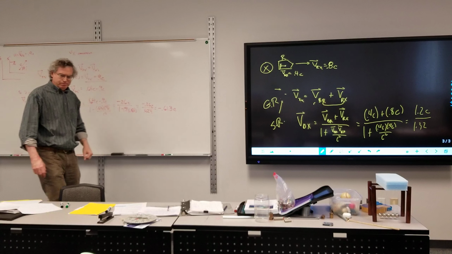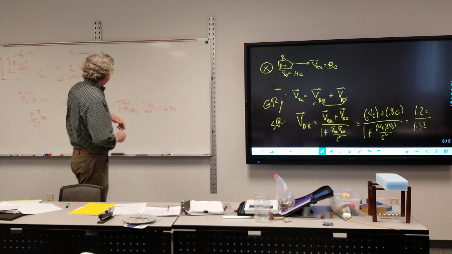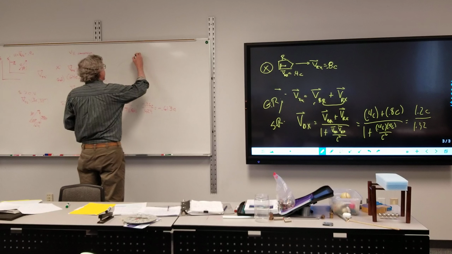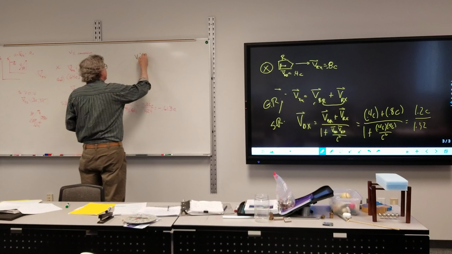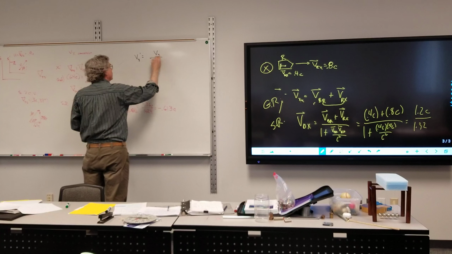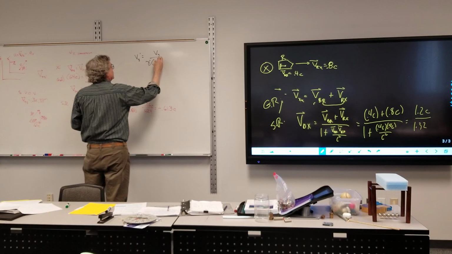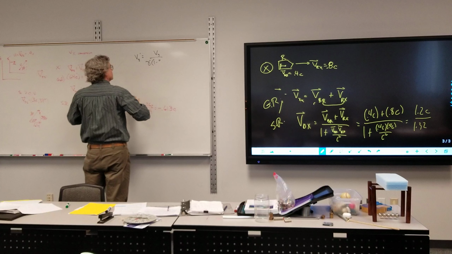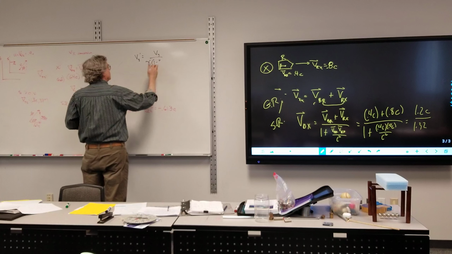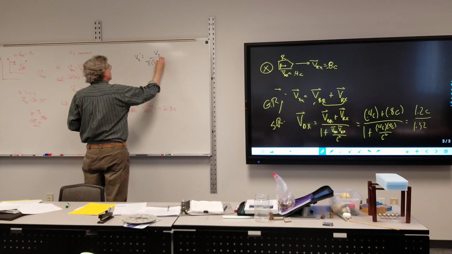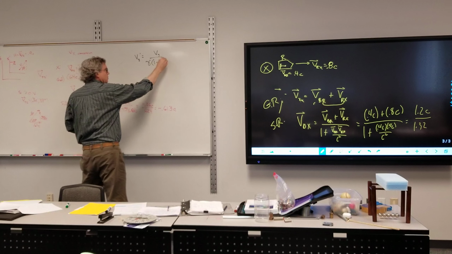All right, so we have to do the conversion of the y bit. I know that Vy prime is equal to Vy over gamma times 1 minus U Vx over c squared.